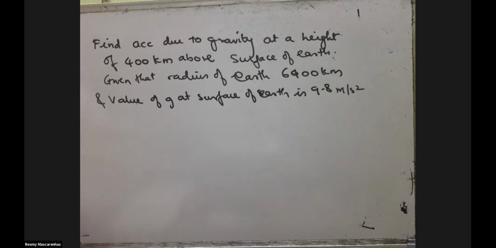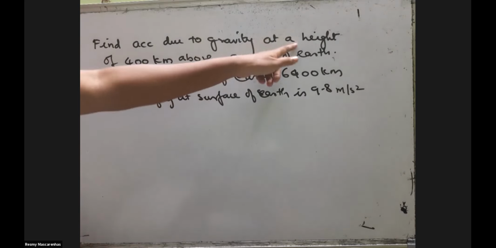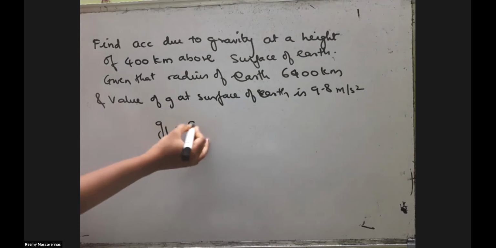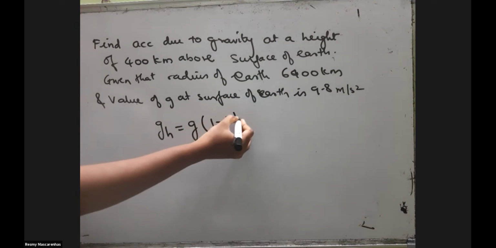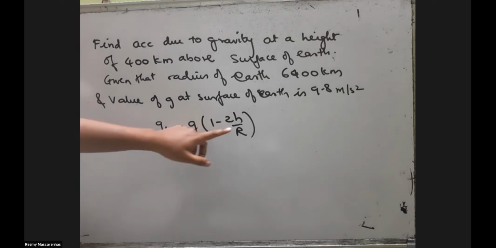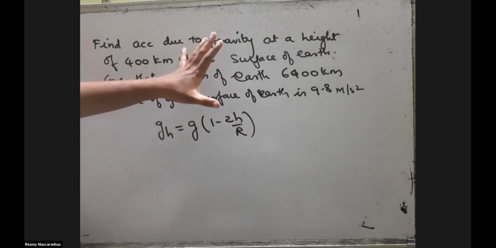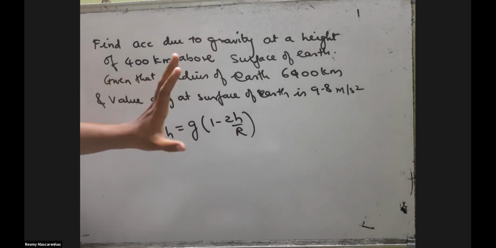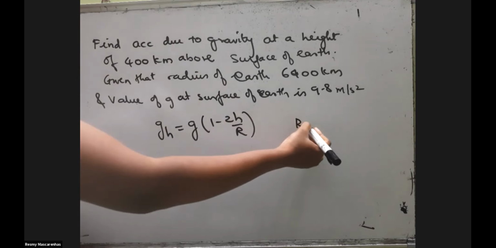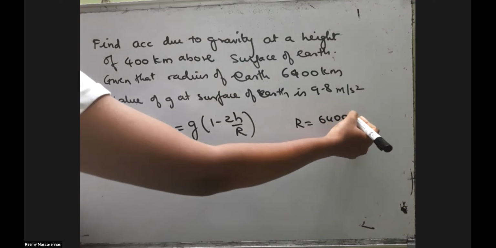Now the moment you see acceleration due to gravity at height, you have to think of that formula for the height one. So you know that gh is nothing but g times 1 minus 2h upon r. Then we know r is the radius of the Earth, or nothing but the distance from the surface to the Earth's center. So r is given as 6,400 kilometers.